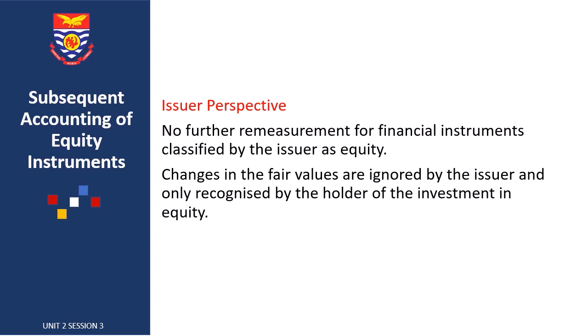So if you, the issuer, paid dividend, this dividend you paid, which is at your discretion, is accounted for as a reduction in retained earnings because you paid dividend out of retained earnings, and we recognize this in the statement of changes in equity.